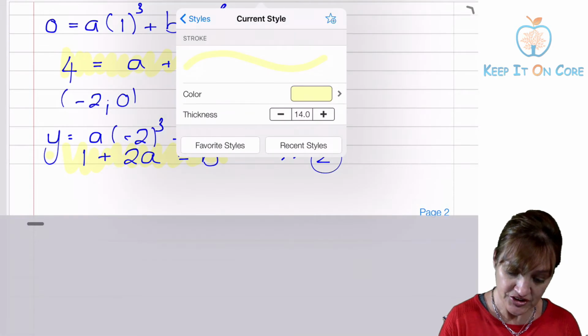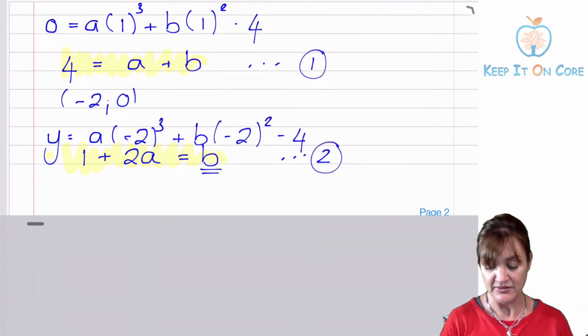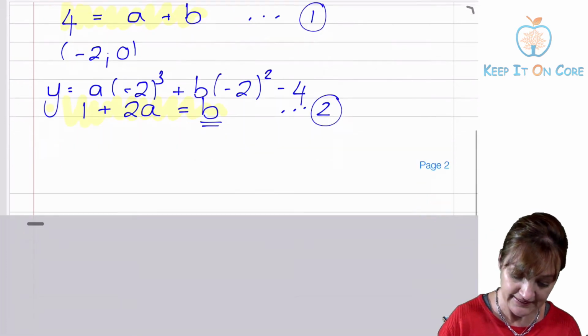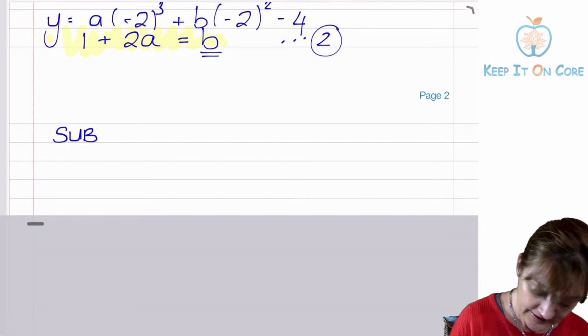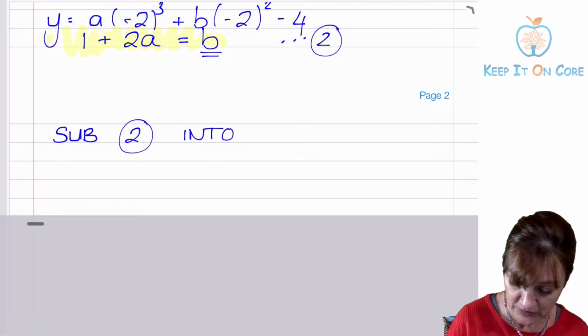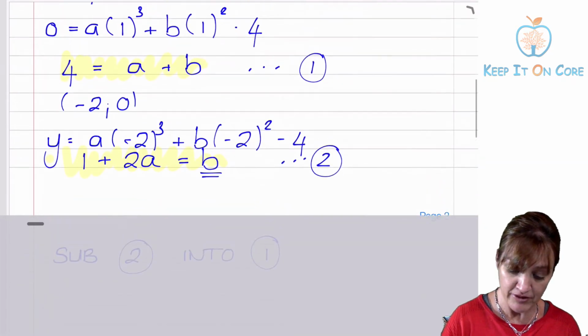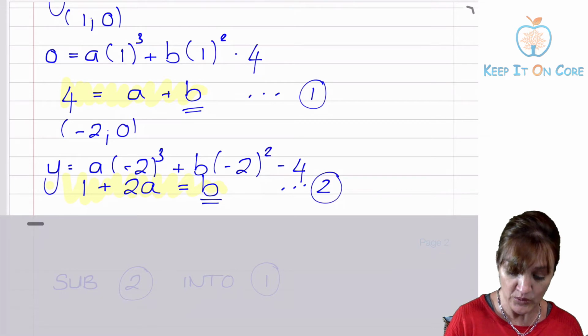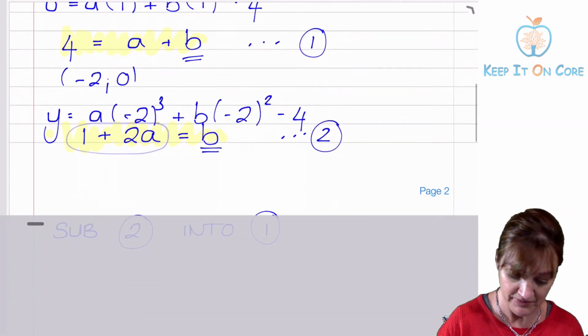Now, in equation 2, b is the subject, so what I'm going to do is substitute equation 2 into equation 1. What does that mean? Everywhere you've got a b in equation 1, we replace it with 1 plus 2a.